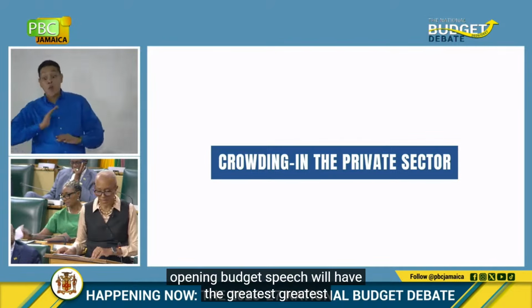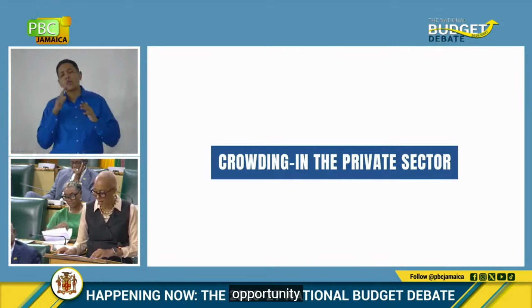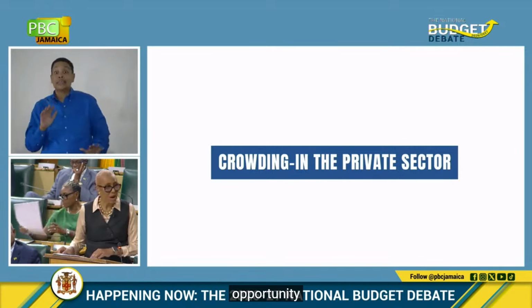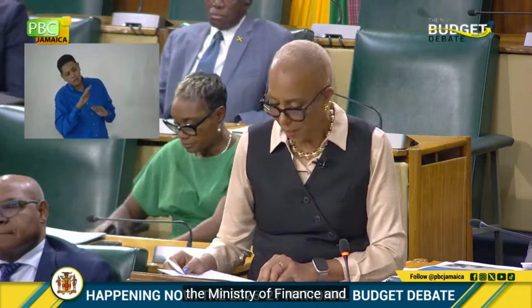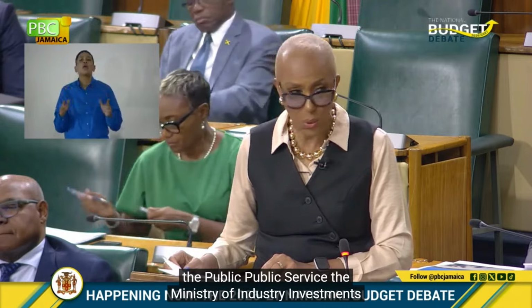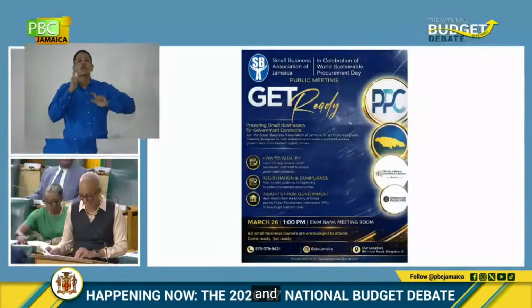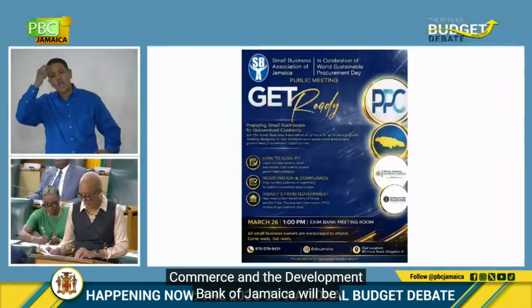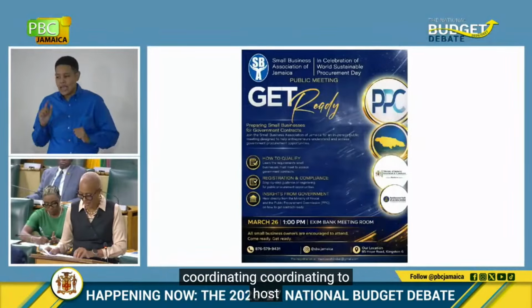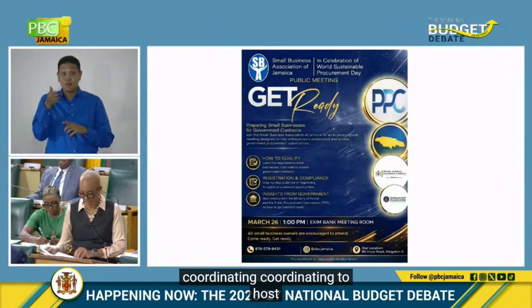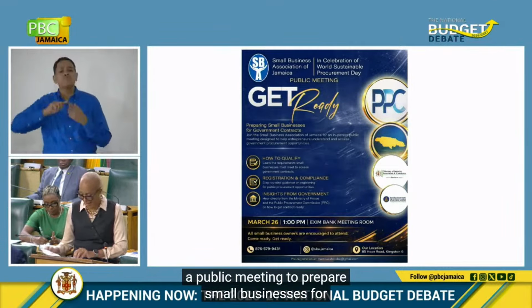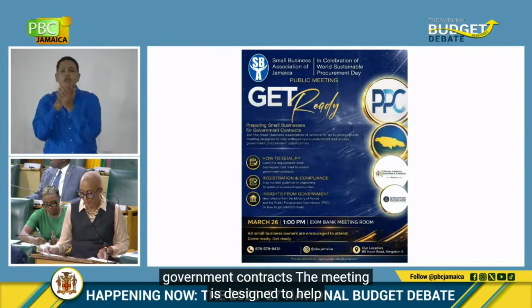Our Jamaica, rebuilt the way all of us want it to be, strong, resilient, will be coordinating to host a public meeting to prepare small businesses for government contracts. The meeting is designed to help entrepreneurs understand and access government procurement opportunities.